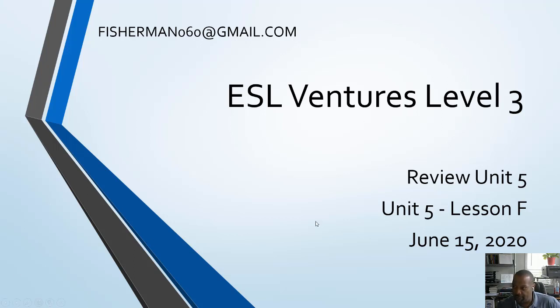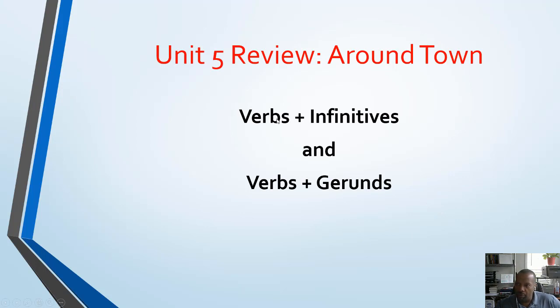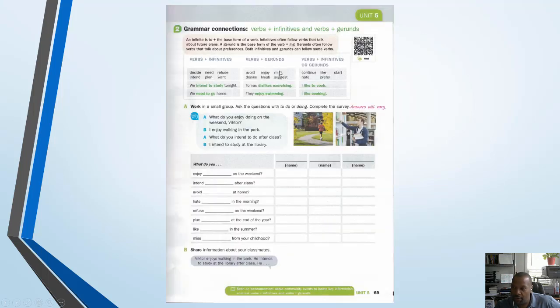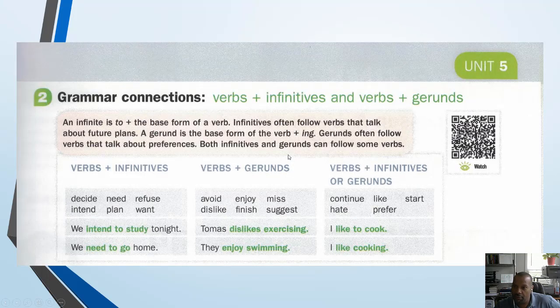In Lesson F, we were talking about verbs plus infinitives and verbs plus gerunds. Let's look at how they want us to use these. In our student book, page 69, in Grammar Connections, an infinitive is to plus the base form of the verb.